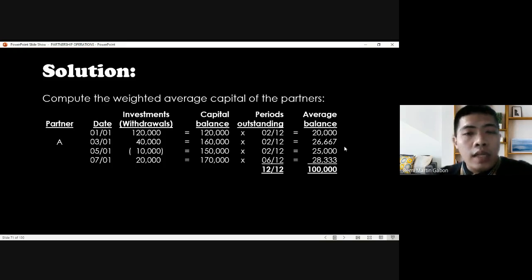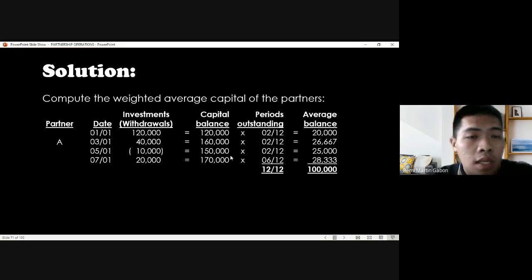Then after considering the additional investment in March 1, nagkaroon daw ng withdrawal ng 10,000 sa May 1. Okay? Then, yung naging capital balance after that is 150,000.